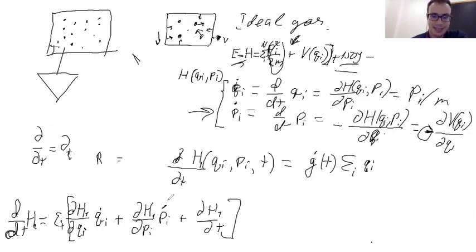Then this part we already calculated, and it was 0. But this part we have also just calculated. By the way, the bracket should have come here.